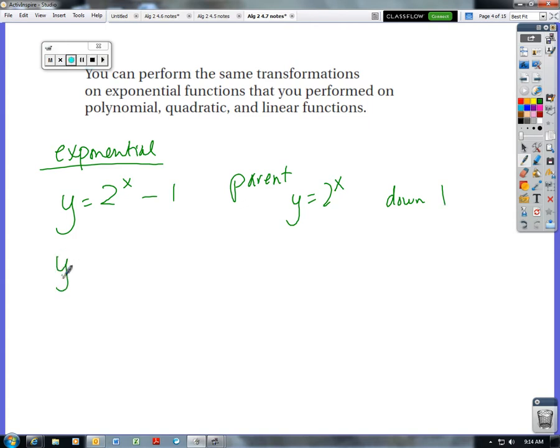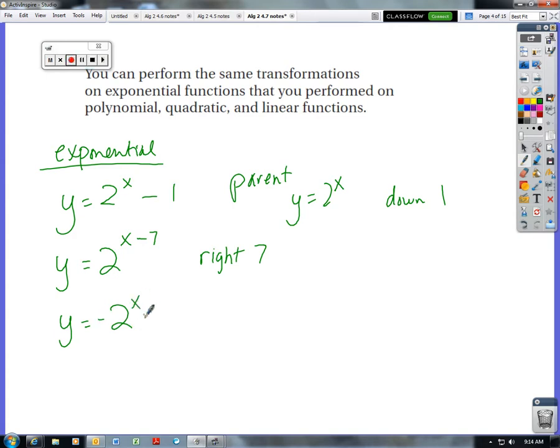Okay, what about if you had the same parent function, 2 to the x, but this time it was x minus 7? Well, since the minus 7 is with the x, that's going to be back and forth movement. And it moves in the opposite direction of the sign, so this would actually move to the right 7 units. And then how about we had the same parent function, but this time there's a negative out front.